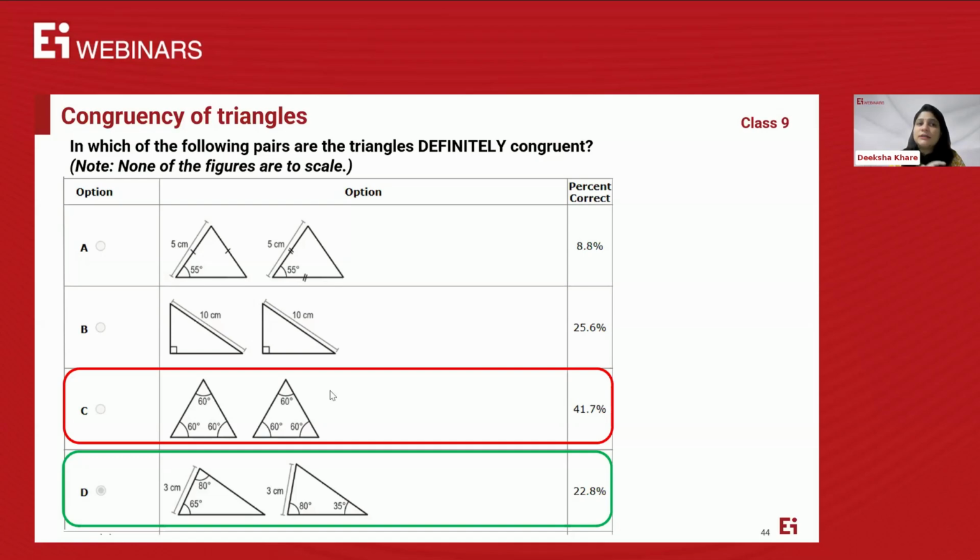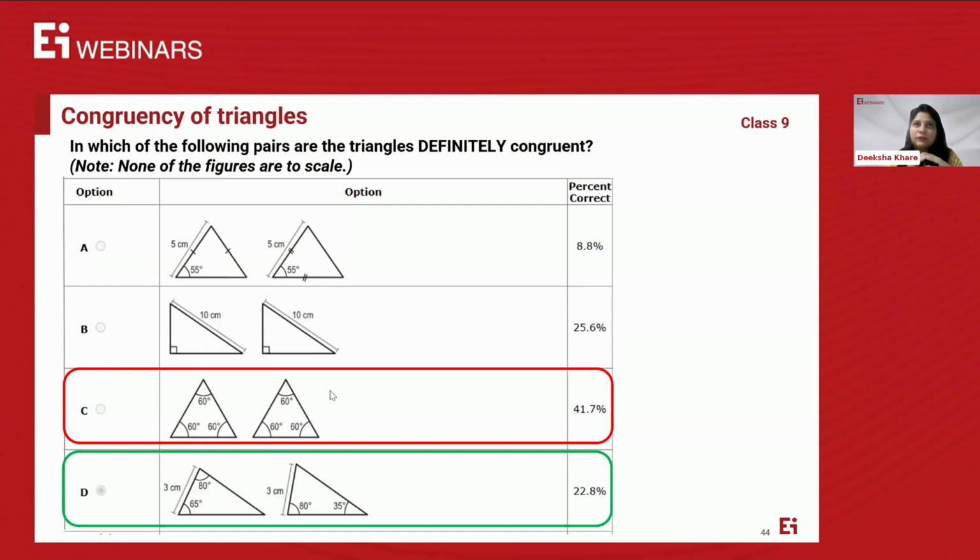It is applicable for similarity. Now, as a teacher, what can we do? Whenever we are teaching similarity and congruency, we need to distinguish between the two concepts. What similarity means, what congruency means.